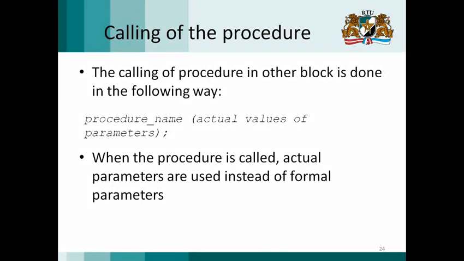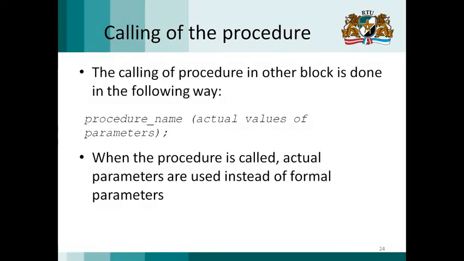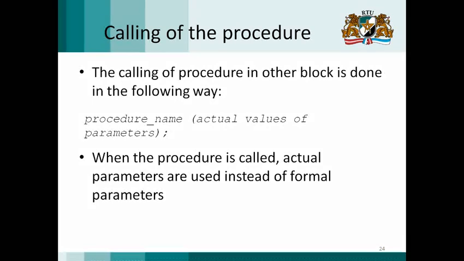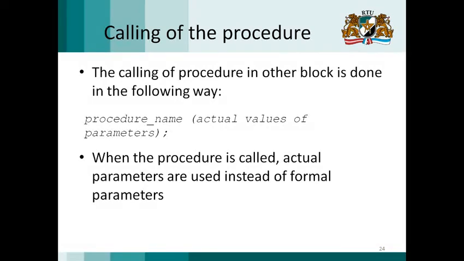If we define these formal parameters here, they are only formal. We always use some variable to denote them in this procedure. Then when we are calling it, we want to execute the procedure with some real existing values.